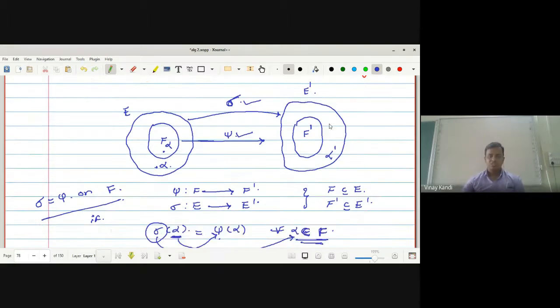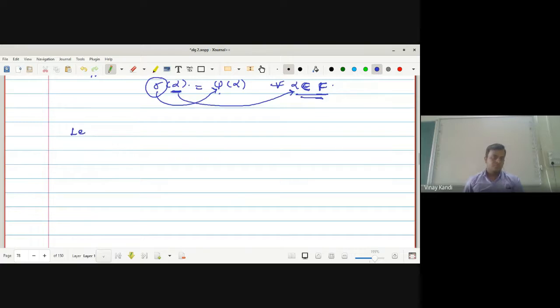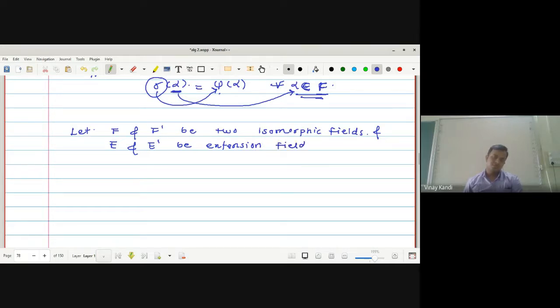So what is the definition? Look at here. Let F and F dash be two isomorphic fields, and E and E dash be extension fields of F and F dash respectively.